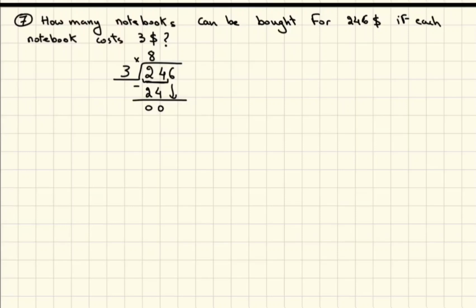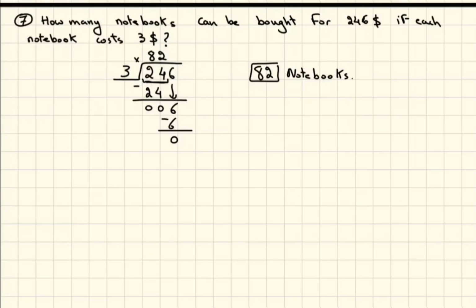Now we can take the 6 down and we check 3 multiplied by how much is 6? We know it's by 2. And we get 6, so 6 minus 6 is 0. So basically we can get 82 notebooks if each notebook costs $3 and we have $246.